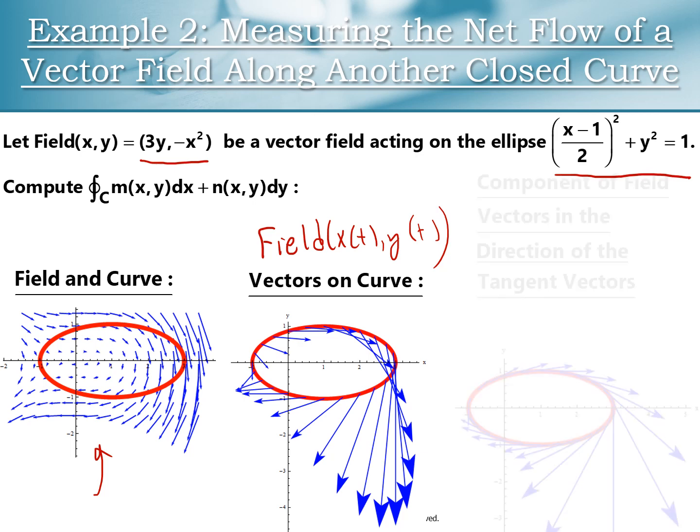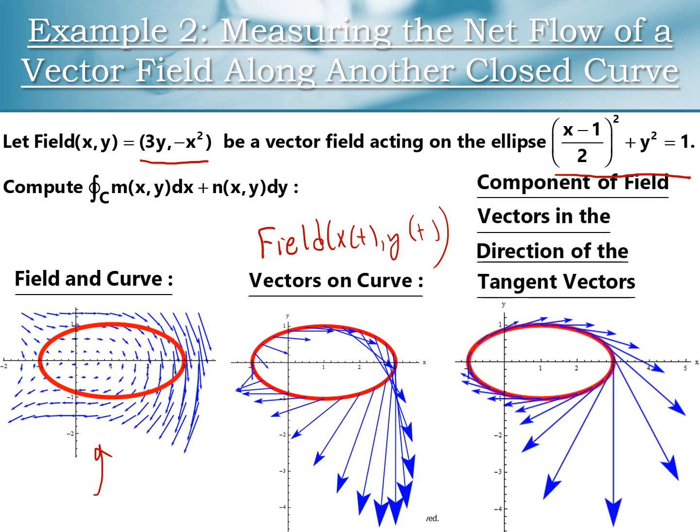And we could further improve this picture by looking at the component of the field vectors in the direction of the tangent vectors. And remember that one of the dot products that is used in computing these vectors is actually what we're going to accumulate. We're going to integrate field dot tangent to get our numerical result. And in this picture, I am very confident that the net flow of the vector field along this closed curve is going to be in the clockwise direction.